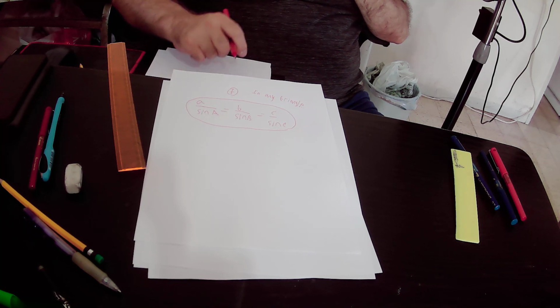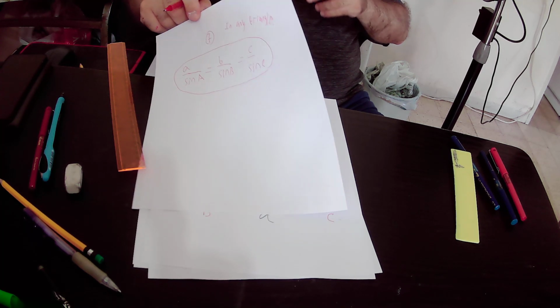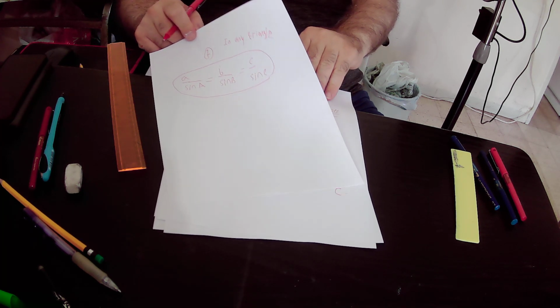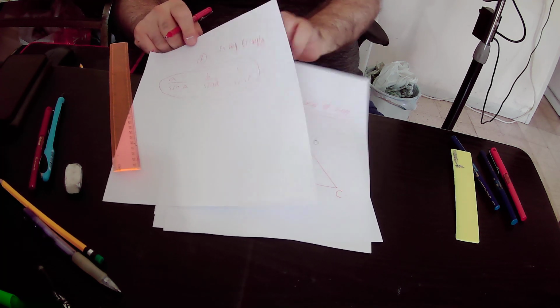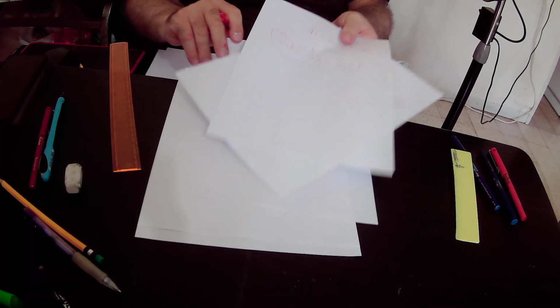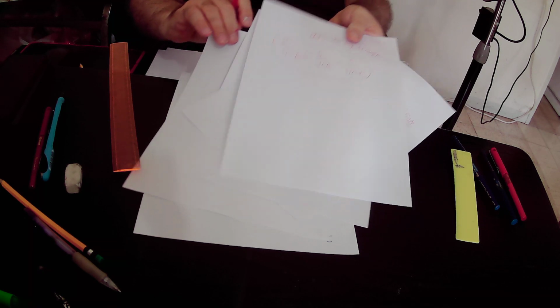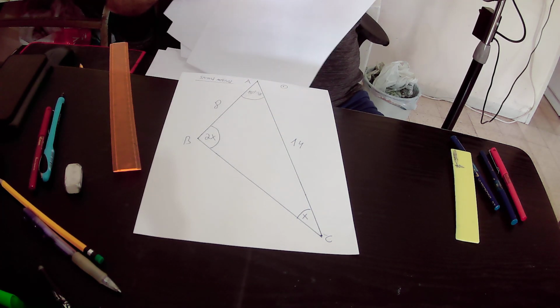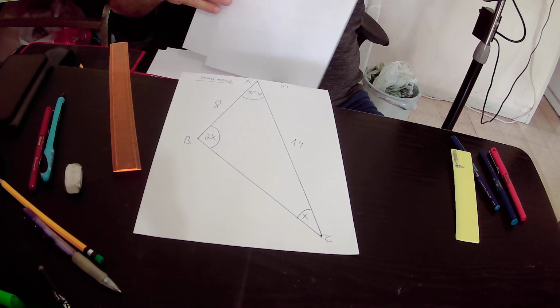So in our triangle ABC, we will use the law of sines.